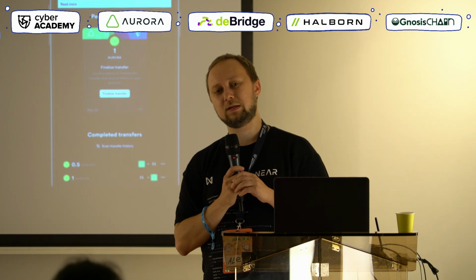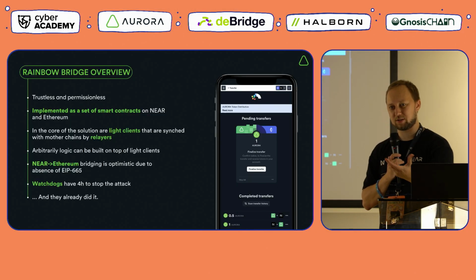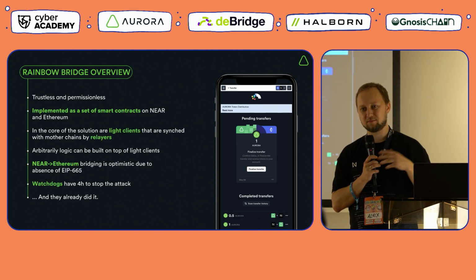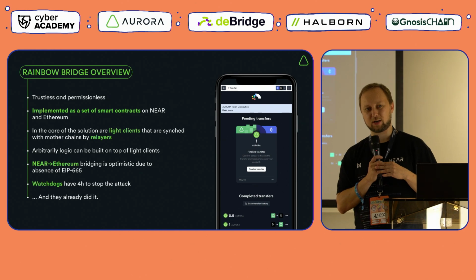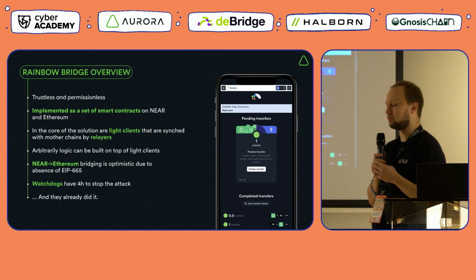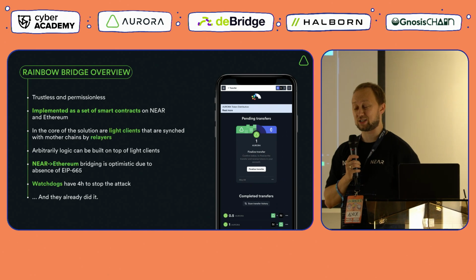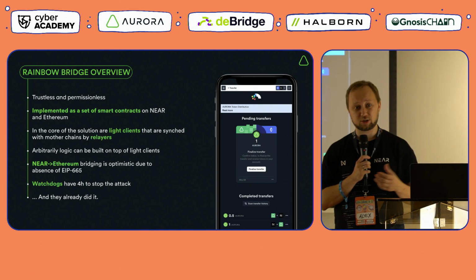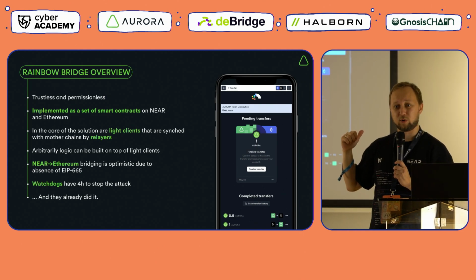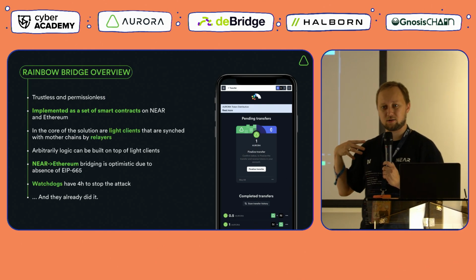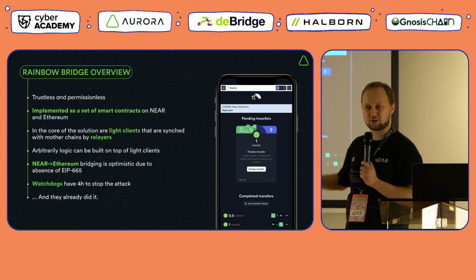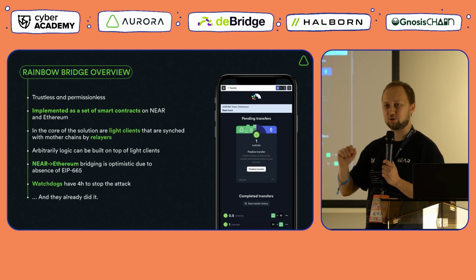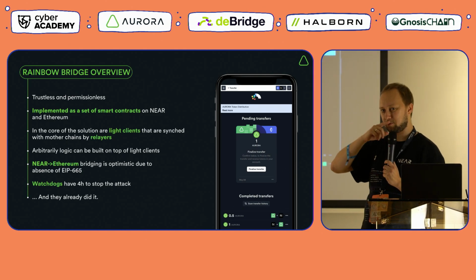From time to time, we have external services that are keeping these light clients in sync with the main chain. We call these services relayers. And these relayers are just submitting blocks. So every 14 seconds, there is a transaction on the Near blockchain where our own relayer is taking a freshly generated Ethereum block and sends it to the Ethereum light client of the Rainbow Bridge.